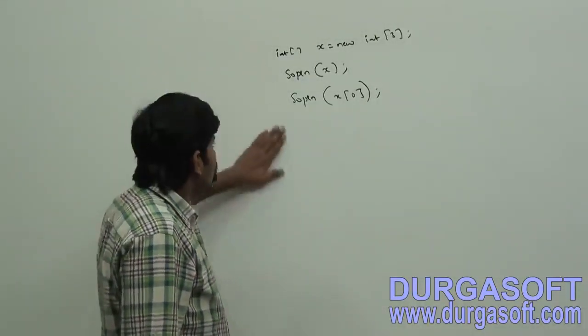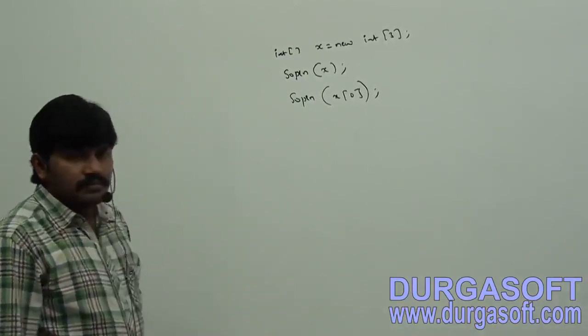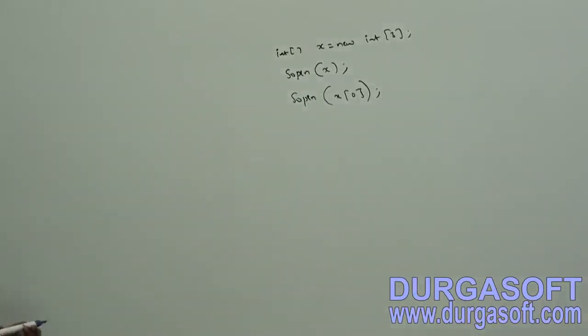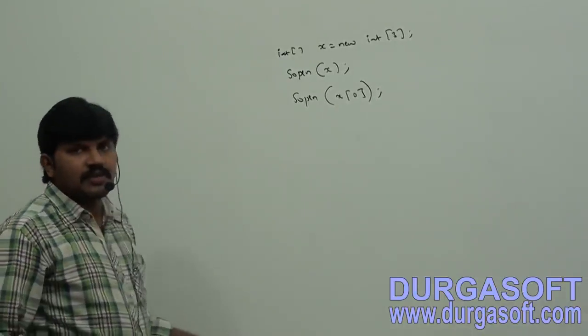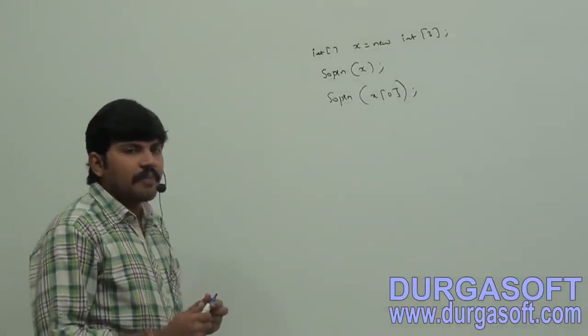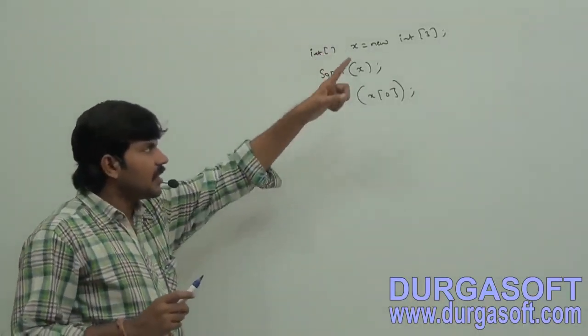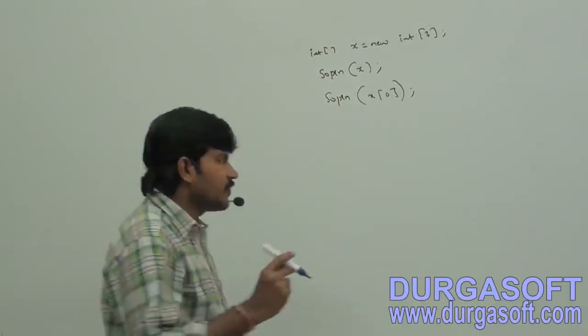Can you tell what is the output we will get? In the first case what the answer, in the second case what the answer? Okay, make sure you people should be aware. Int array x is equal to new int array of 3.